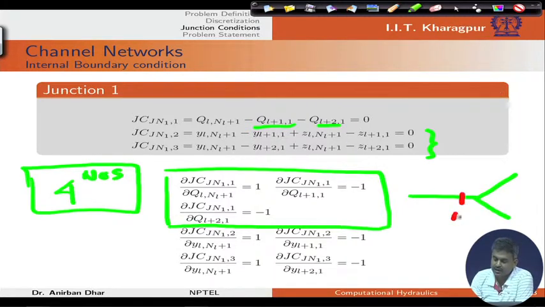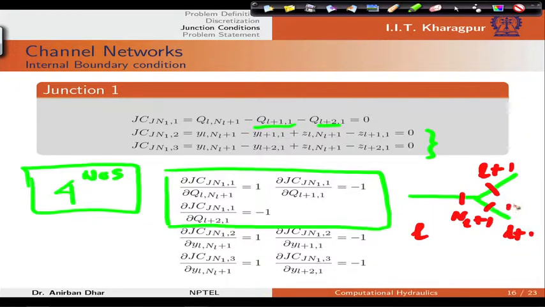So, this is NL plus 1 of the L-th channel, this is the first section of L plus 1 and the first section of L plus 2.